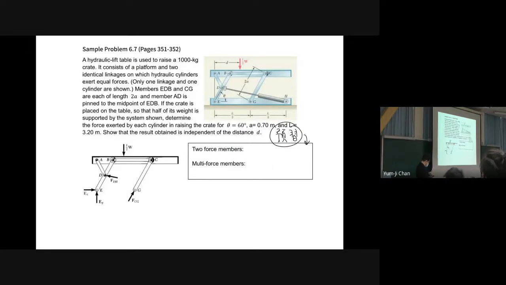Hydraulic means this one, and it has a platform and two legs.